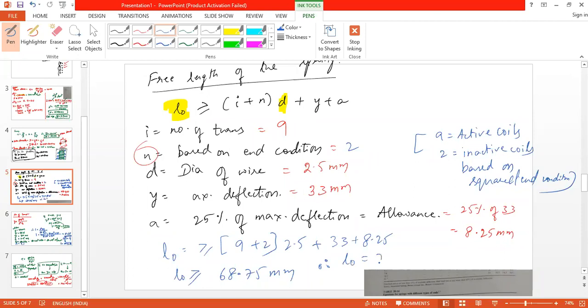Therefore, we can take L0 as 70 mm. We will continue the remaining portions in the next class. Thank you.